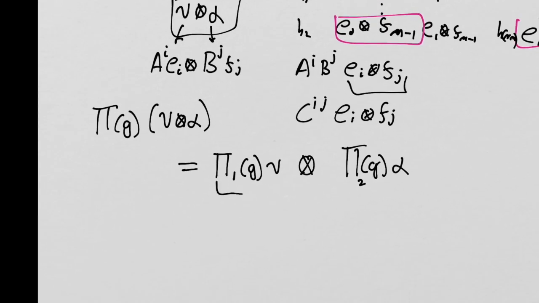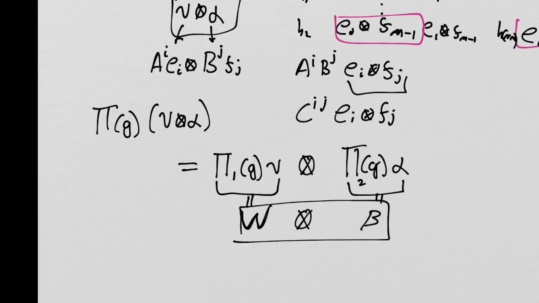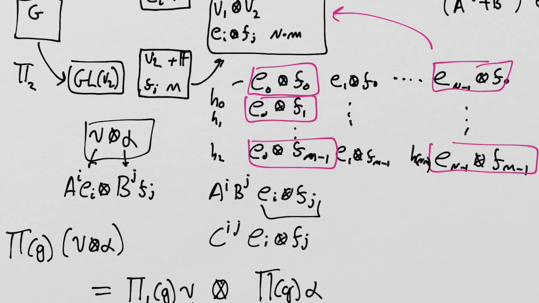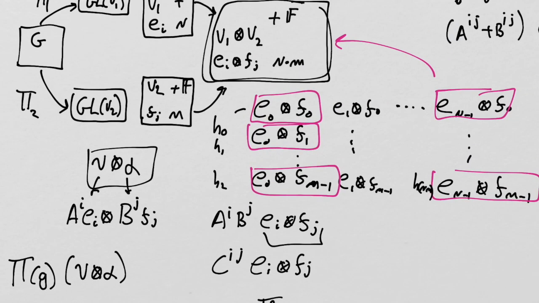Because I know that that's another member of V1, so I'll call it w, tensor product, and this is a member of V2, so I'll call it, oh, that w looks a little bit like omega. So, because I'm trying to be Roman here, w, that's a vector we'll call w, and this is a vector we'll call beta, and this is just an easy way to create a member of this space here.